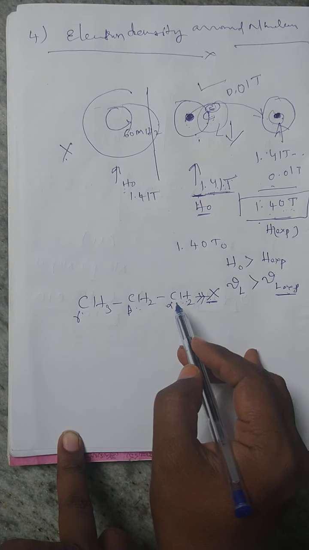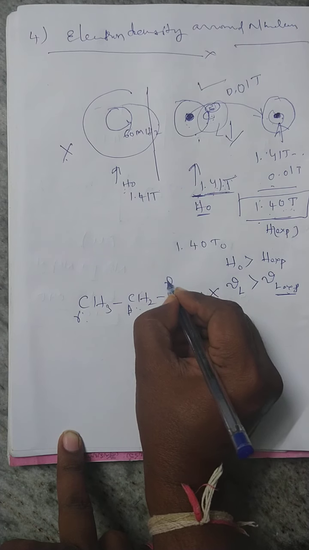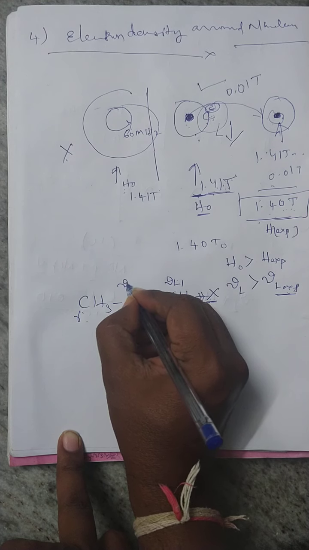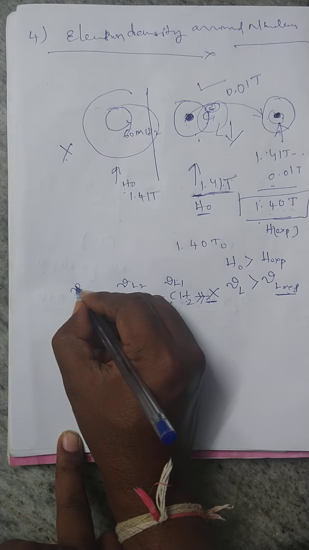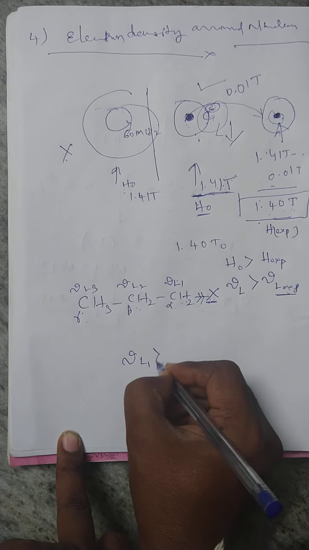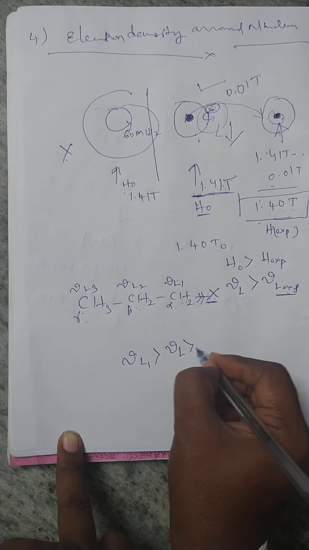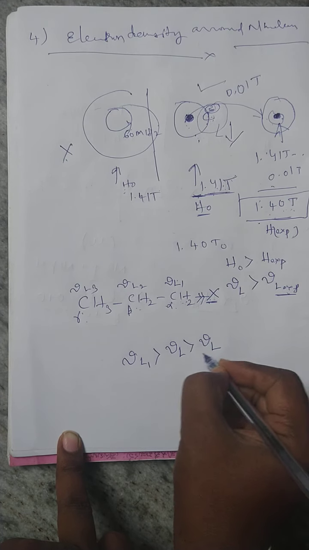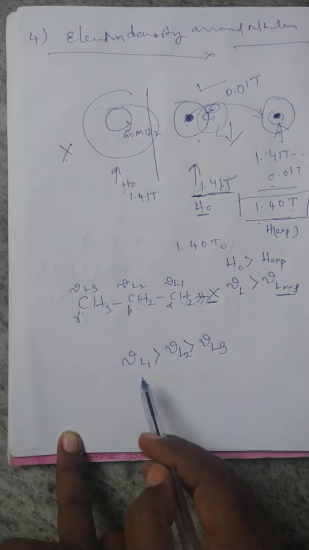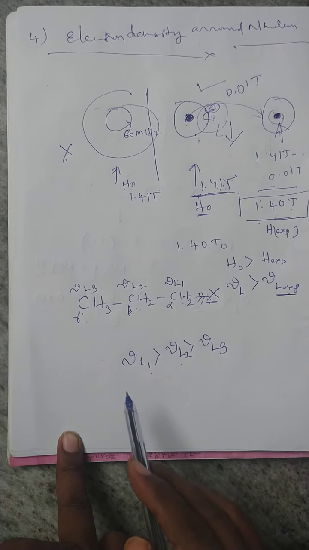So if you compare the Larmor frequency, lambda L1, lambda L2, lambda L3: lambda L1 is greater than lambda L2. New L1 is greater than new L2, which is greater than new L3, right?